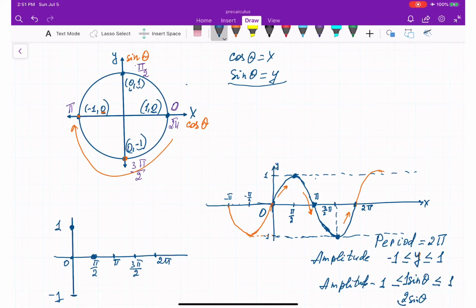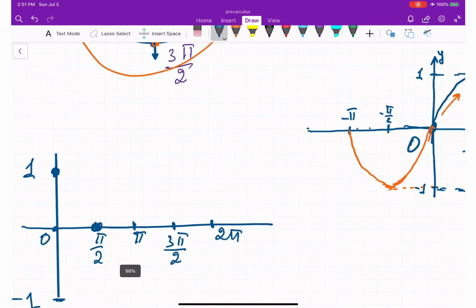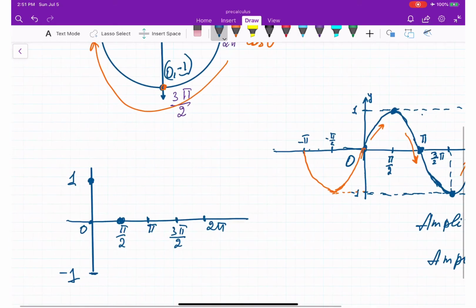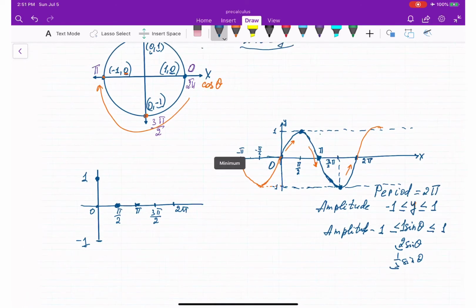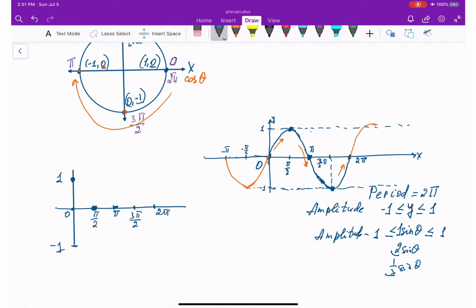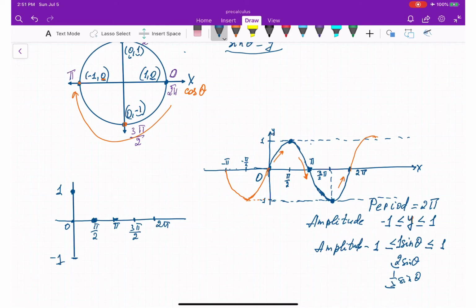Next, in the point of pi, our cosine is going to be -1. In the point of 3 over 2 pi, our cosine is going to be 0. And in the point of 2 pi, our cosine is going to be 1.